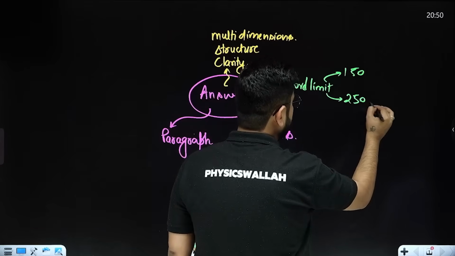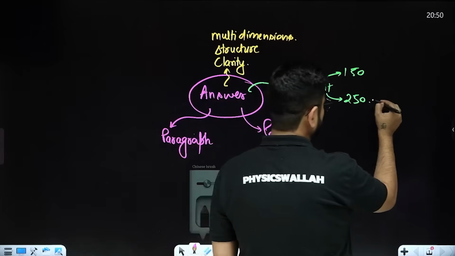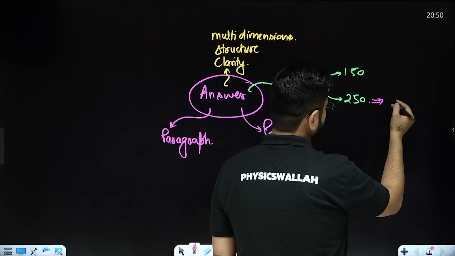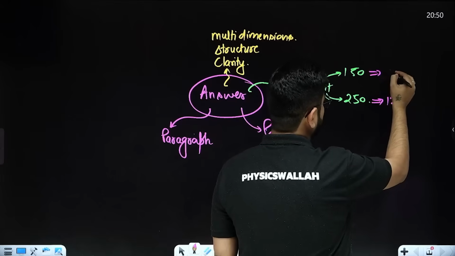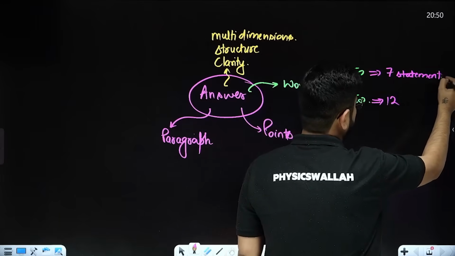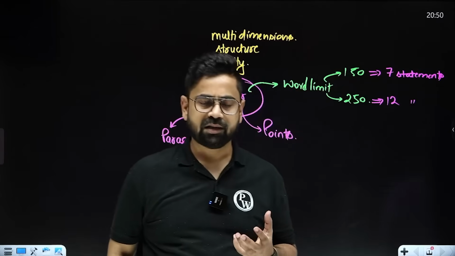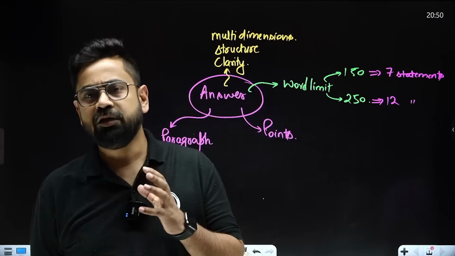In 250 words, you can only write, let's say, 12 statements in pointers, and if you use paragraphs you can write like 7 statements. That's it, and these statements cannot be increased. So somewhere you are bound by the word limits.